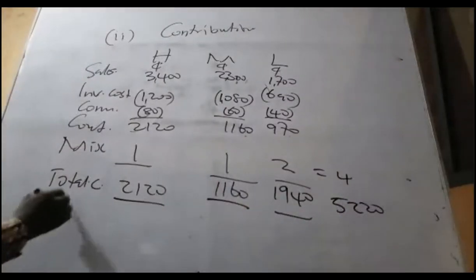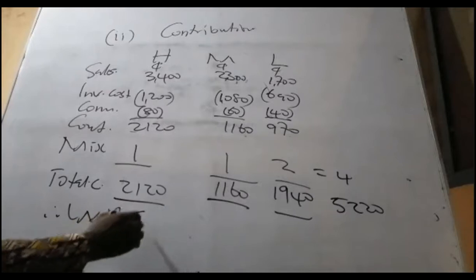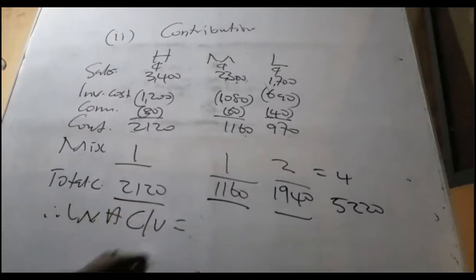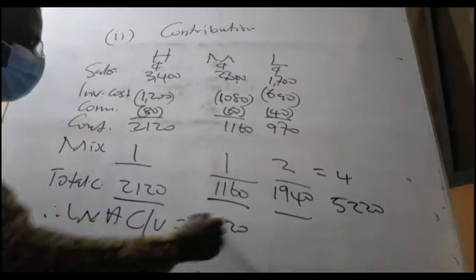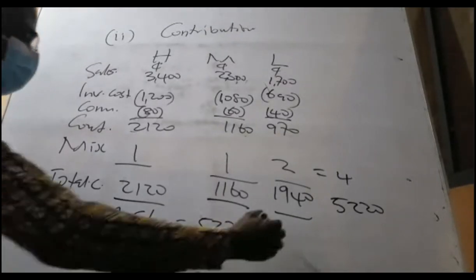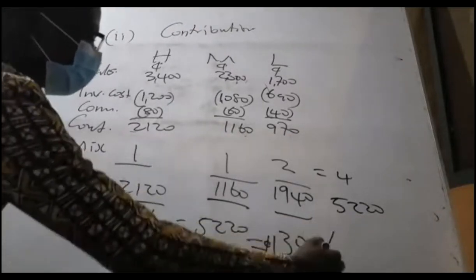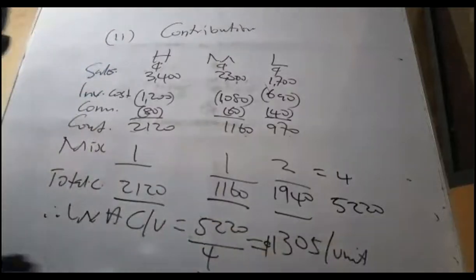So therefore, weighted average contribution per unit is equal to 5220 divided by 4, and that'll give us 1,305 Ghana cedis per unit. Perfect. I like the answer.